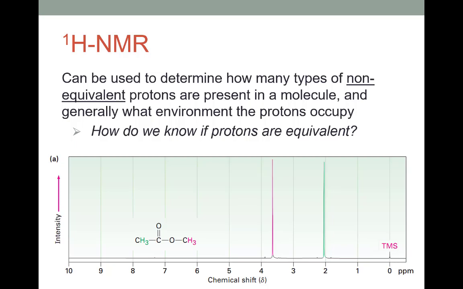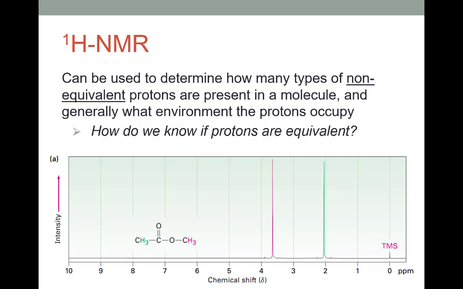Just for reference, if the oxygens weren't there at all, a typical alkane carbon hydrogen situation, those hydrogens would show a signal down here just below 1 part per million. So we can see that the green hydrogens are in fact shifted up a bit based on that ester linkage group being present, but they're not shifted as much as the pink ones that are connected directly to the oxygen.